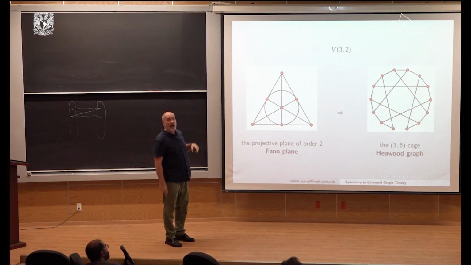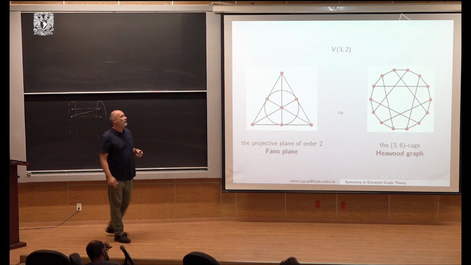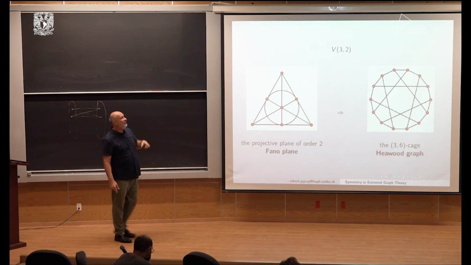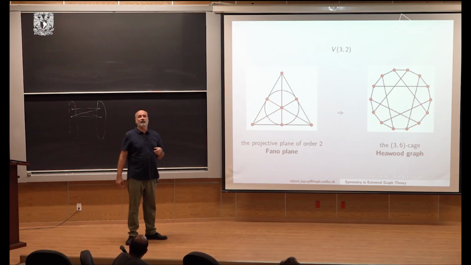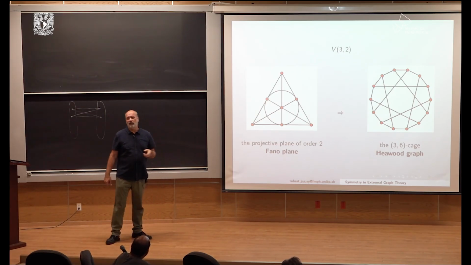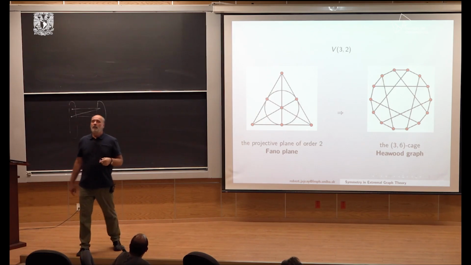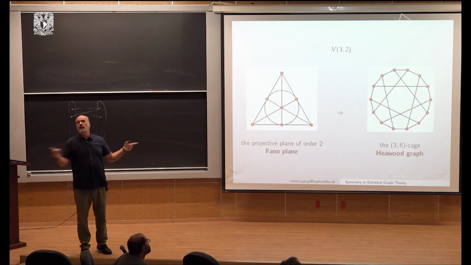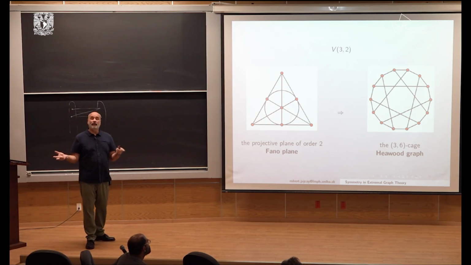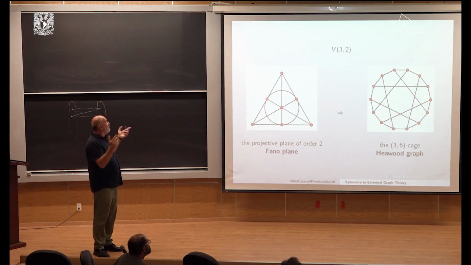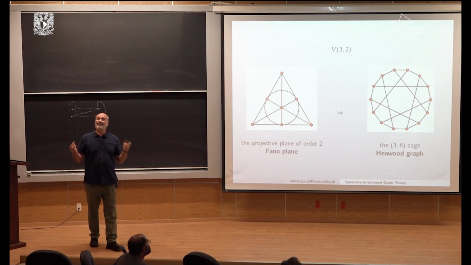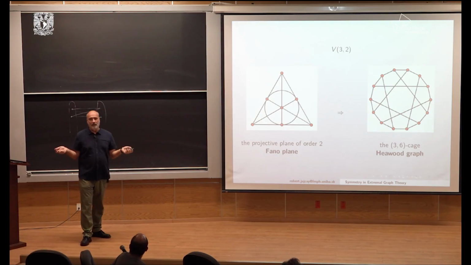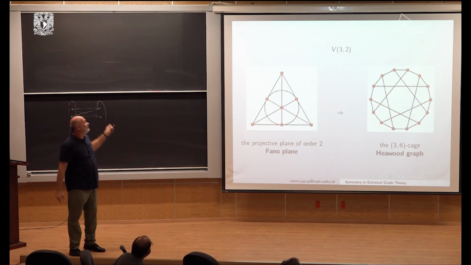And the Heawood graph, which I had on the list of the cages, it's a 3-6 cage, and it's also the point-line incidence graph of the geometry, meaning on one side I have the lines, on the other side I have the points, and I connect if a point belongs to the line. Yeah? So this is related, even though some people may sneer at graph theory, this is the graph theory that's connected to everything. Okay?